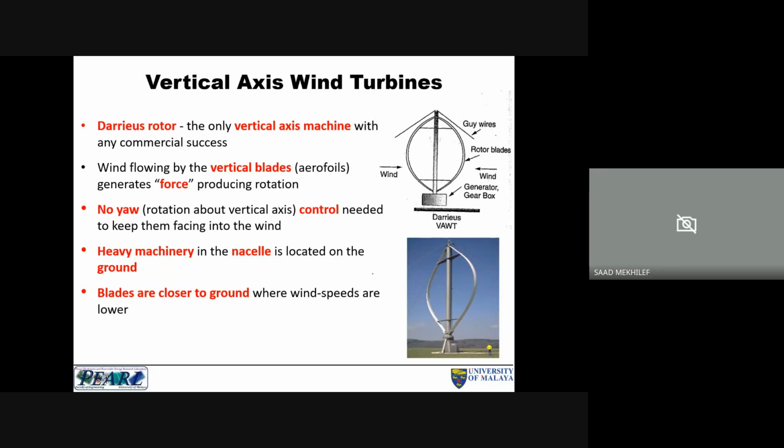They are not really commercially viable yet, but there is a lot of research on these types of vertical wind turbines. As I say, it's only for research purpose so far. It's not yet commercially viable.